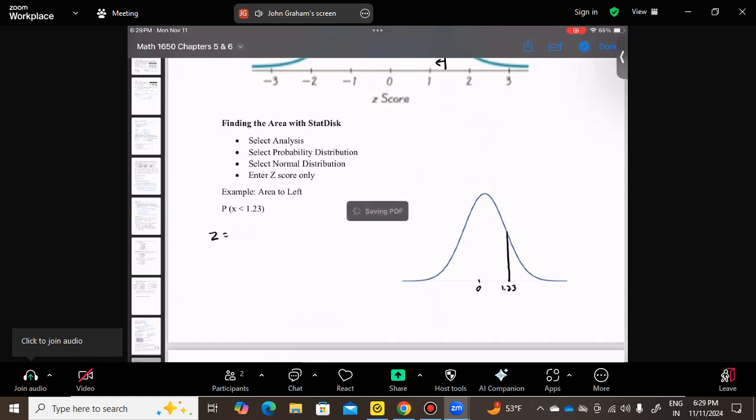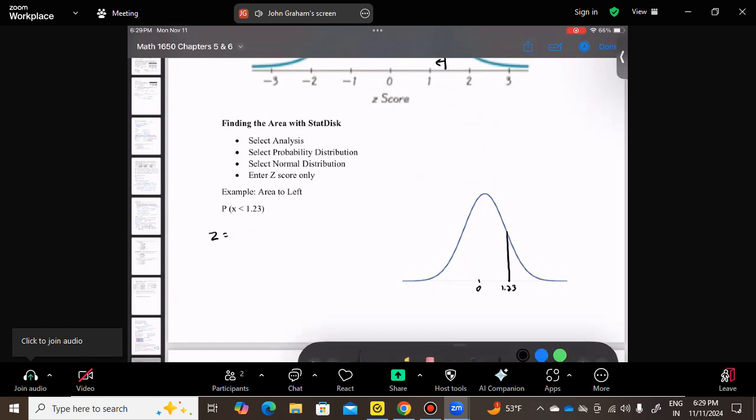Okay, right now that's all we're going with. We'll be eventually changing the mean and the standard deviation later, but right now mean is 0, standard deviation is 1. So x minus 0 over 1 means z equals x. So when we want x less than 1.23, we're actually looking for the probability of z less than 1.23.